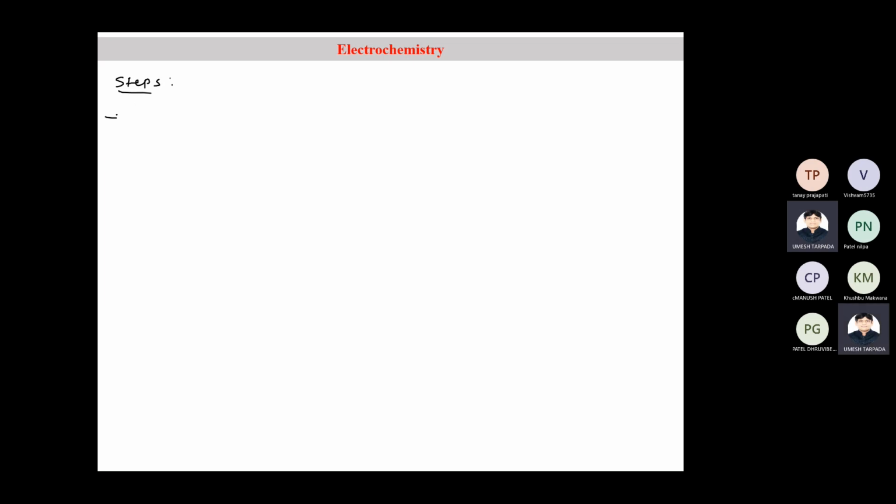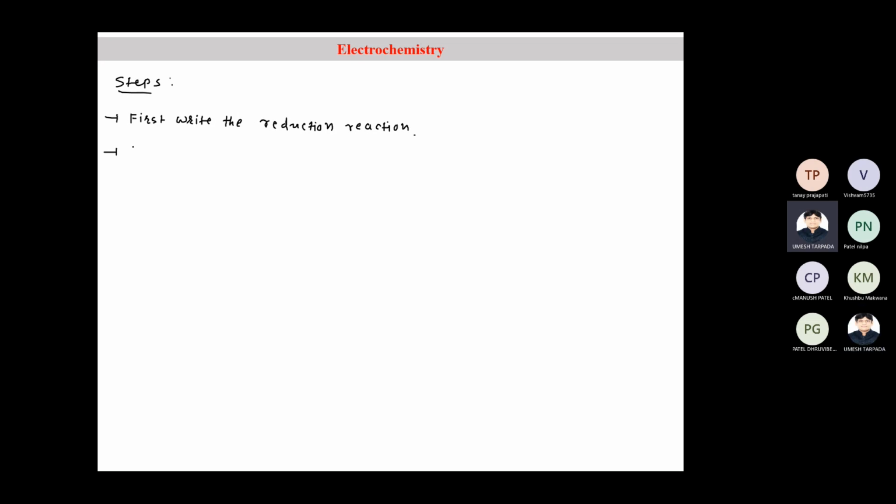So the first step is to write the reduction reaction. જે કેટાયન પર ચાર્જ હોય એ ચાર્જ રિકોગ્નાઇઝ કરી અને રિડક્શન રિએક્શન લખવાનું.